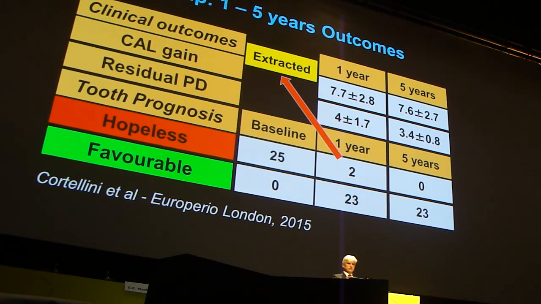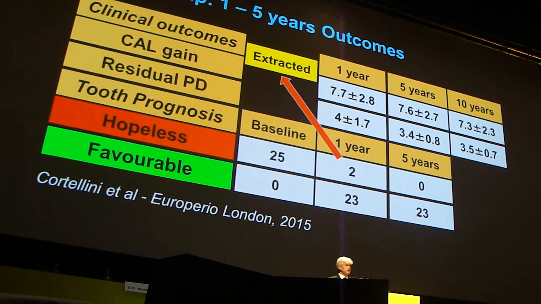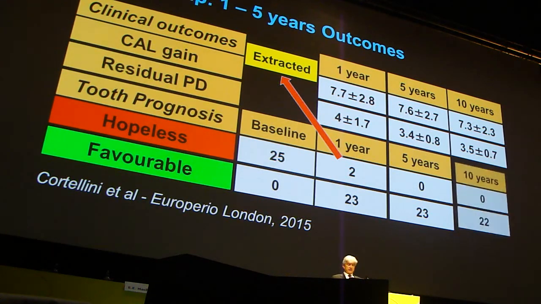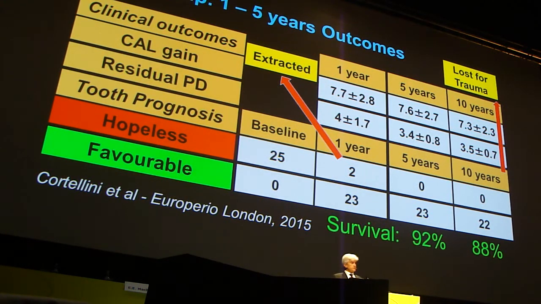What happens now? These are data from last week. I am completing the 10-year follow-up of these cases. After 10 years, we still have fantastic stability of clinical attachment, and we have lost an extra tooth, unfortunately due to a trauma.